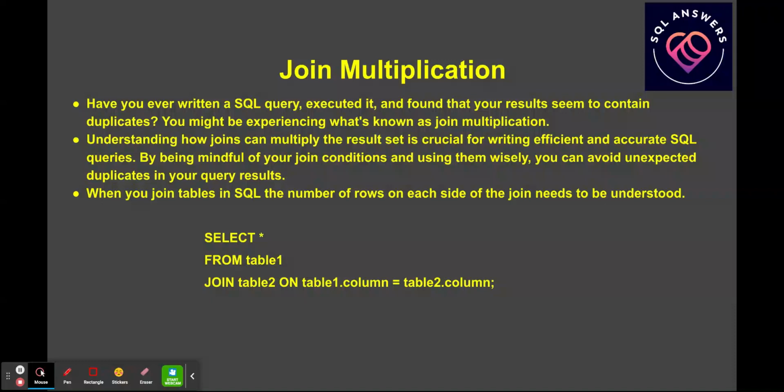If I have one row coming from table 1 and 2 rows coming from table 2, I will end up with 2 rows in my result set. It's just a multiplication problem, 1 times 2. Also, if I have no rows on one side or the other of the join, I will wind up with 0 rows, because 0 times whatever number is 0. So just something to be aware of.